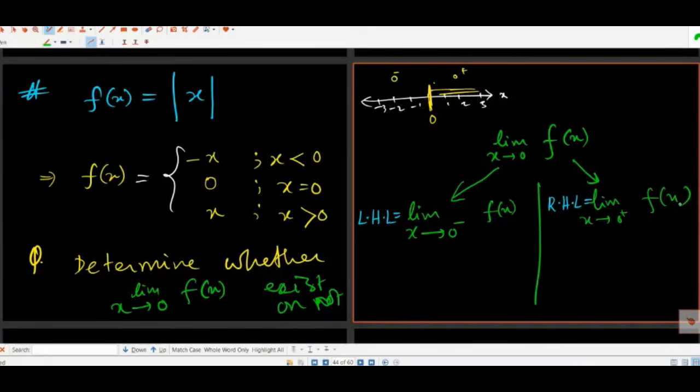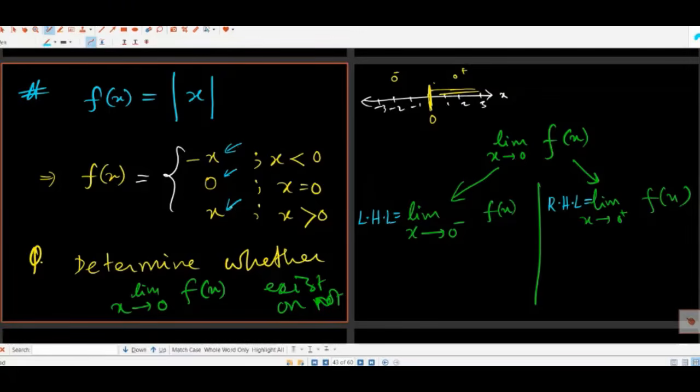Now we have generated these relations, and we have to understand which function is 0 minus and which function is 0 plus. Otherwise, you will not get the exact answer. So we actually have three functions here.